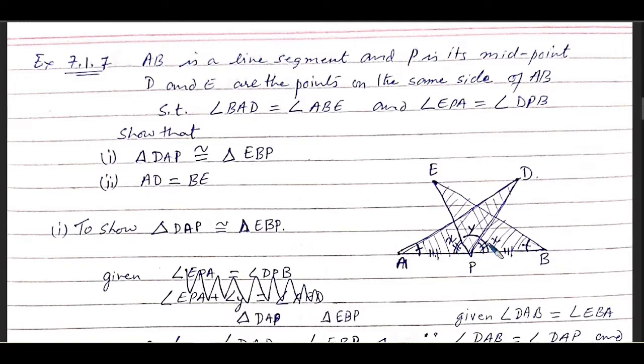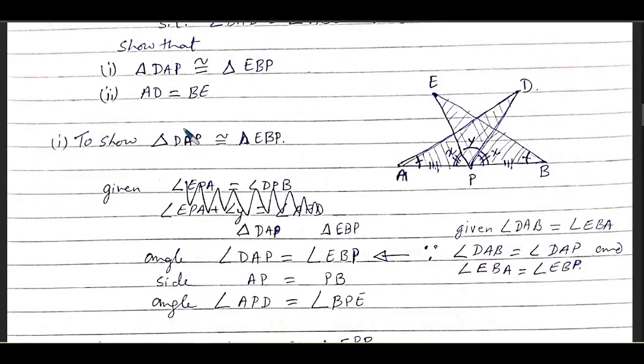This angle is equal to this angle, marked 1 dash, 1 dash, 2 dash, 2 dash. So show that triangle DAP, this triangle marked with this vertical hash and this slanted hash, this is another triangle, the triangle DAP is congruent to triangle EBP, and show that AD is equal to BE.